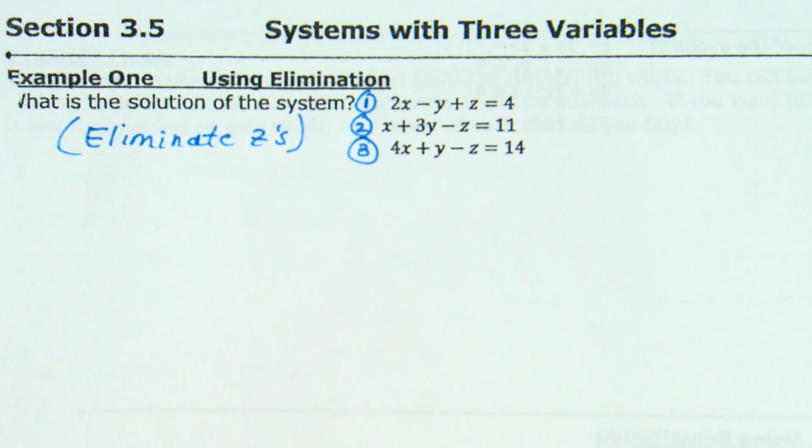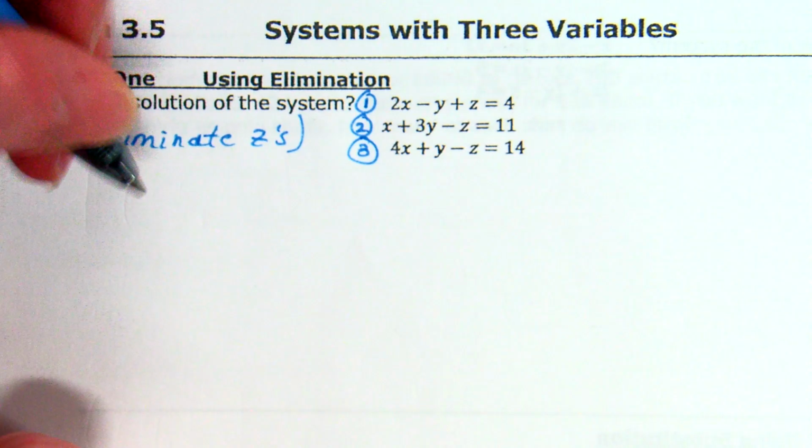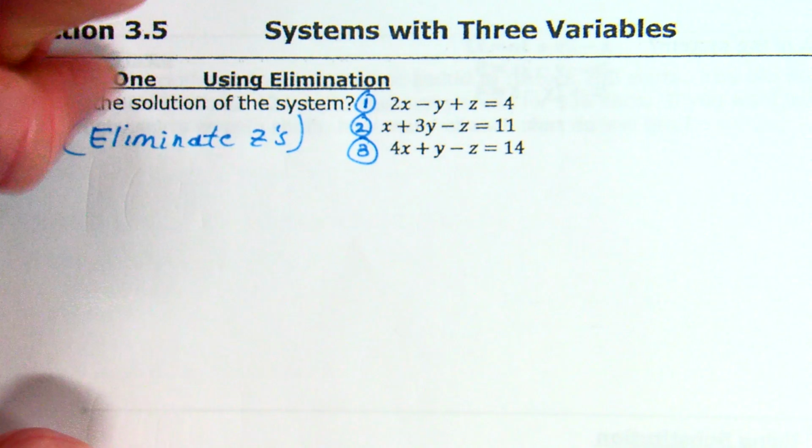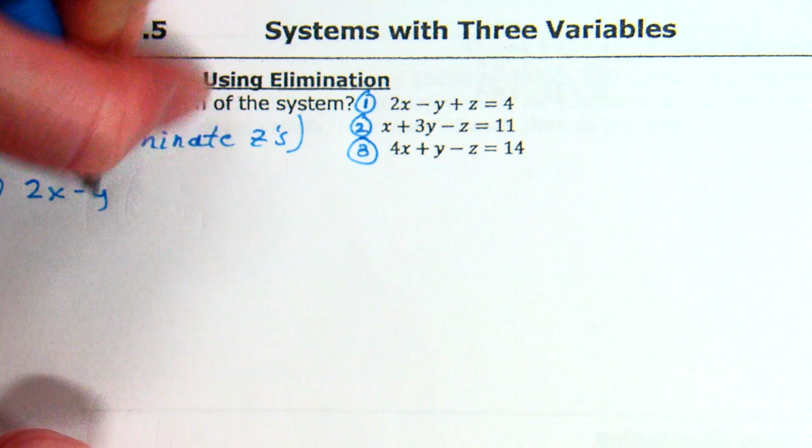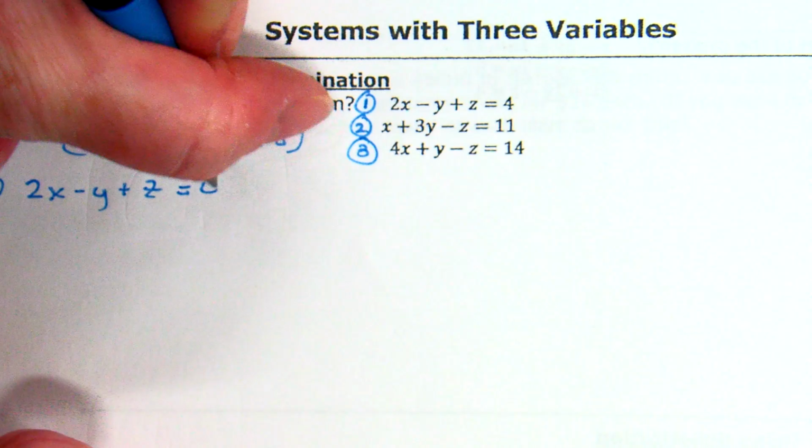Pick 2 of these equations that we can add together and eliminate z's. So 1 and 2. Equations 1 and 2 already have a plus z and a negative z, and when I add a plus z and a negative z, they will cancel. So I'm going to write down my equation 1, 2x minus y plus z equals 4.